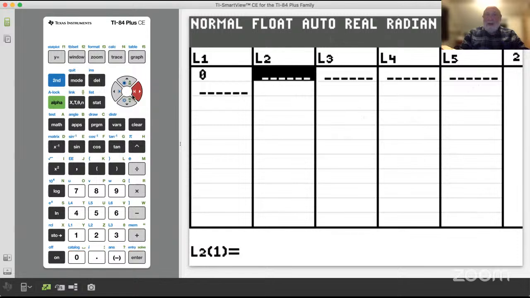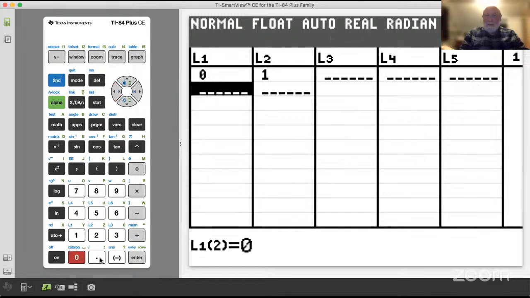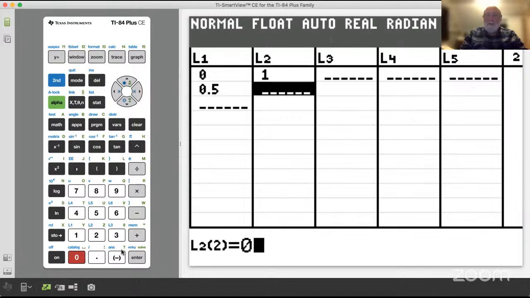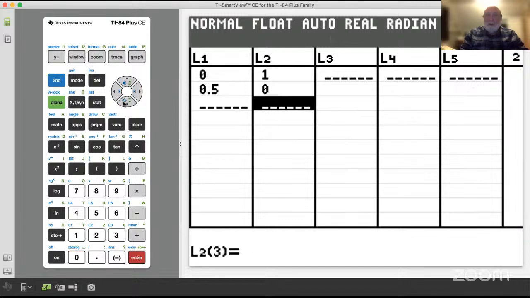And the corresponding y value in L2 was 1. So that was our y-intercept. And it looks like there's a 0 right about at 1/2. So I'll put in 0.5 for my x and 0 for y, and just kind of work across.